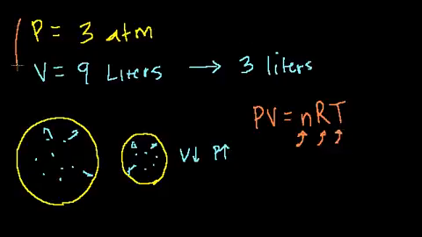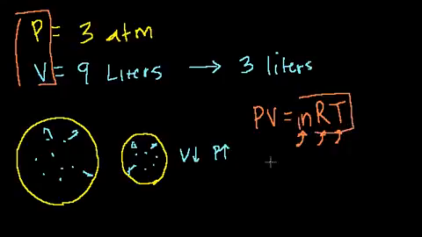So my old pressure times volume is equal to nRT. Let me call this P1 and V1, and then P2 and V2, and we're trying to figure out P2.